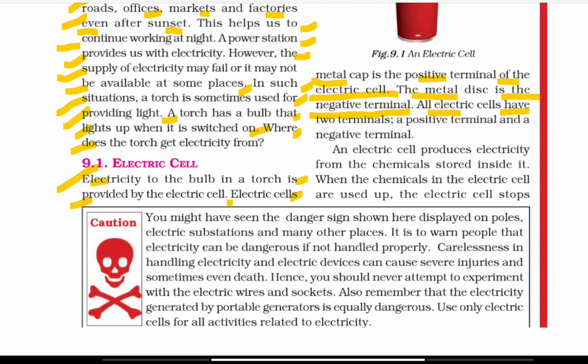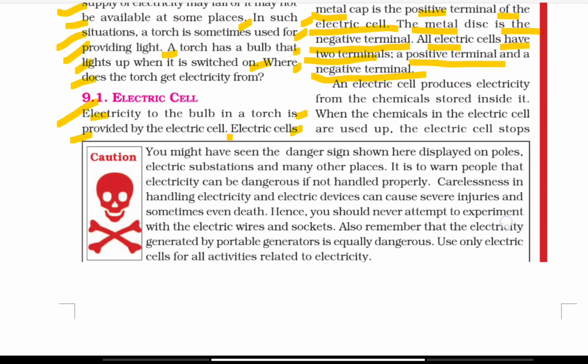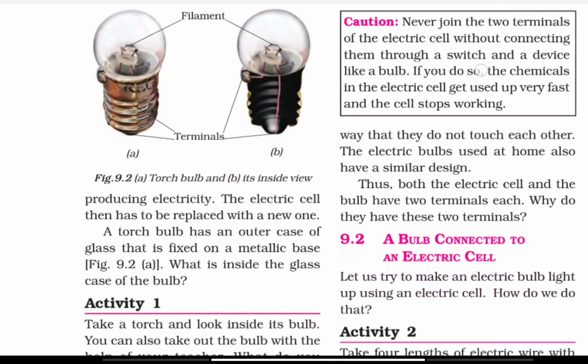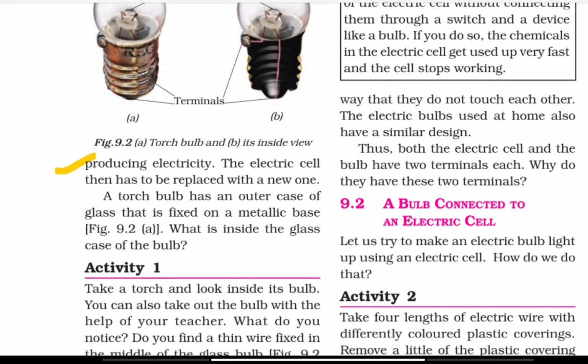All electric cells have two terminals, a positive terminal and a negative terminal. And electric cells produce electricity from the chemicals stored inside them. When the chemicals in the electric cell are used up, the electric cell stops producing electricity. The electric cell then has to be replaced with a new one.